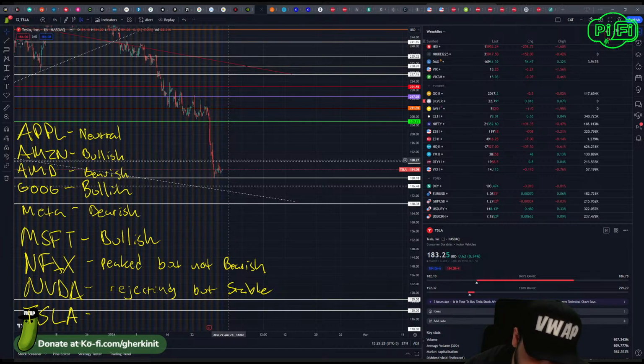But if we don't see a huge amount of bearish positioning come in, I would say this probably has $3 to $10 in upside range, maybe like 196. Something like that. So slightly bullish.